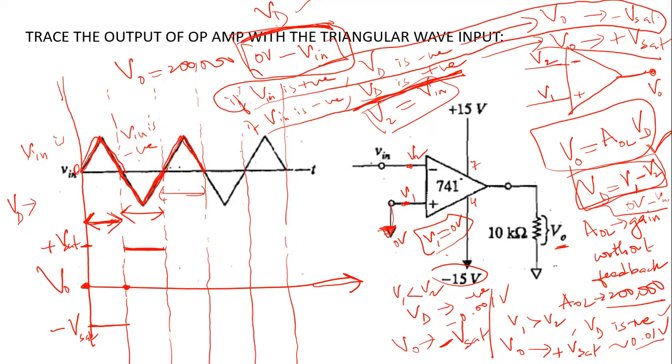So if Vin is positive, your difference voltage will be negative, and your output will go to negative saturation like this. And subsequently, in this interval, it will go to positive saturation, then negative saturation. So the output will be a square wave like this. You understand this point, right?